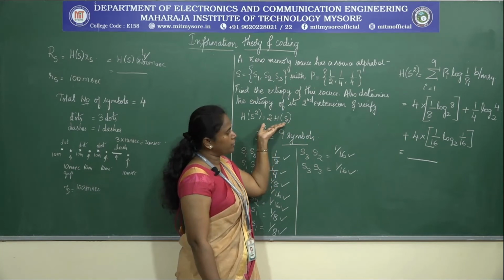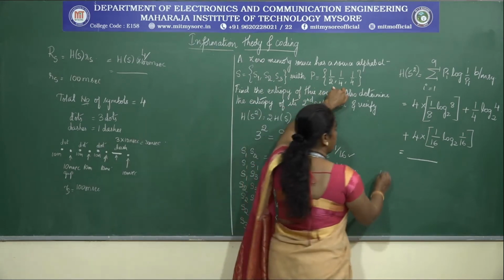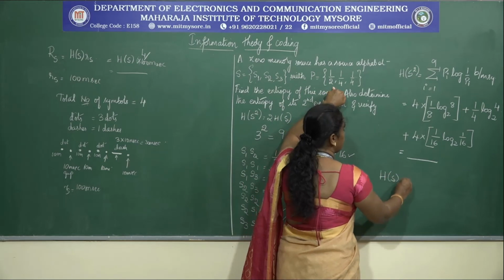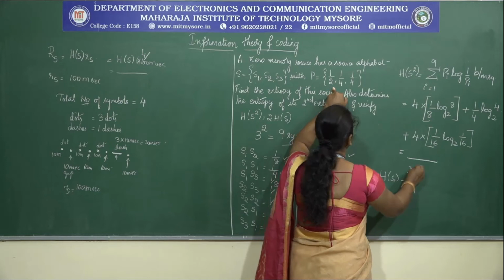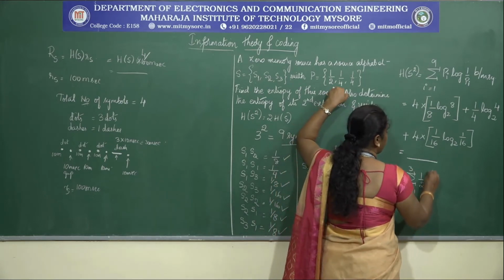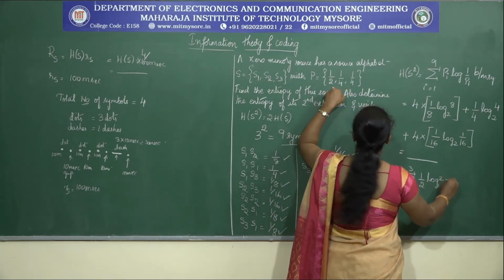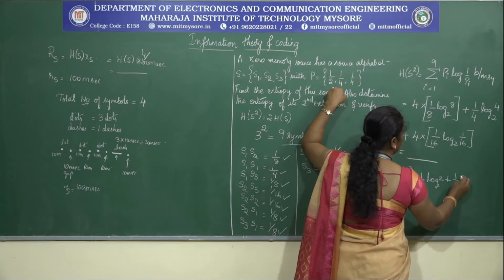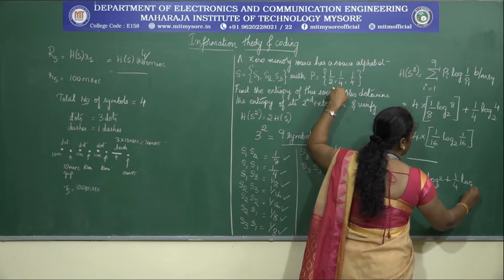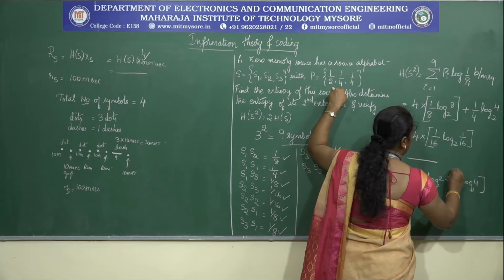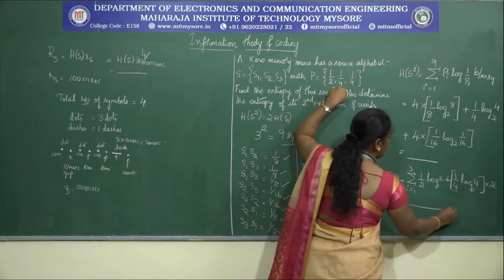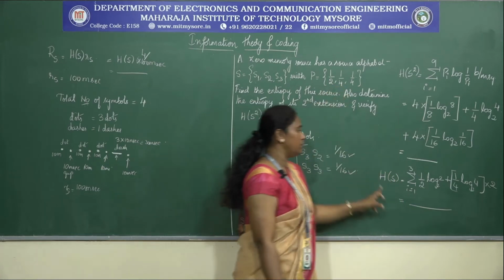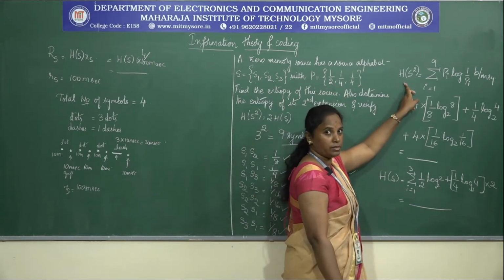For 2 times H of S, you can consider H of S given here with 3 source symbols. It is the summation of i equal to 1 to 3: 1 by 2 log base 2 of 2, plus 1 by 4 log base 2 of 4, multiplied by 2. If you calculate, you will get your H of S. So this is H of S and this is your H of S square.